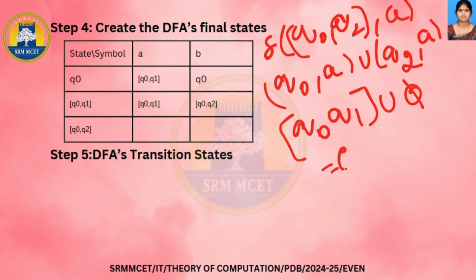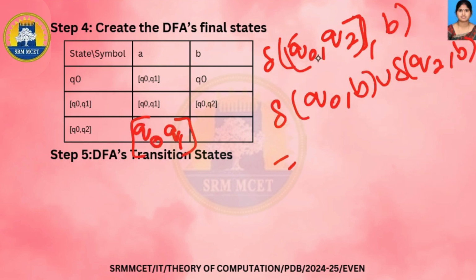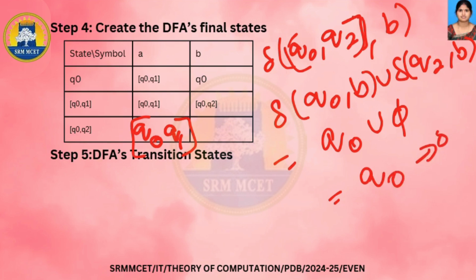So while performing the union operation, we get Q0 Q1, which is an old state, so we have to stop. We check the new state Q0 Q2 with the input B: Q0 using B is Q0 and Q2 using B is null. So here we get Q0, which is also an old state.